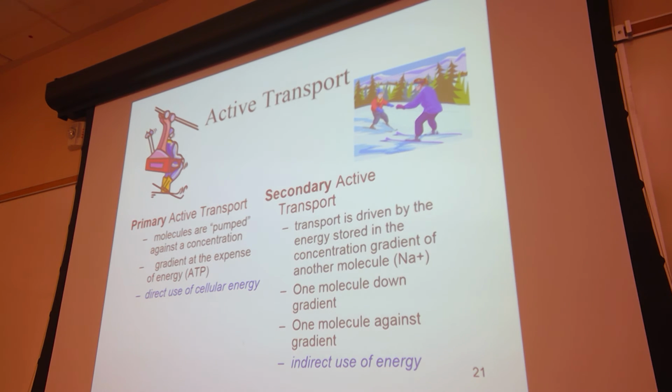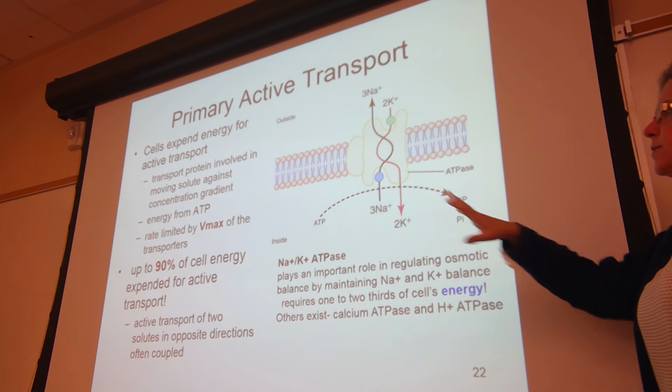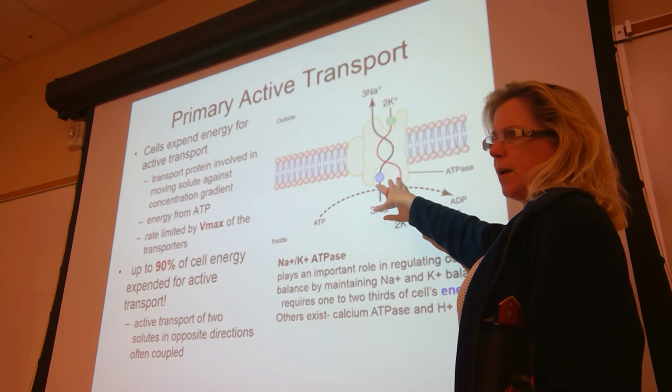And I'll explain that in just a moment. Let's first talk about primary active transport. And again, this is now a substance that's going to be moved against its gradient. The best example of primary active transport, I should say, is the sodium-potassium ATPase.